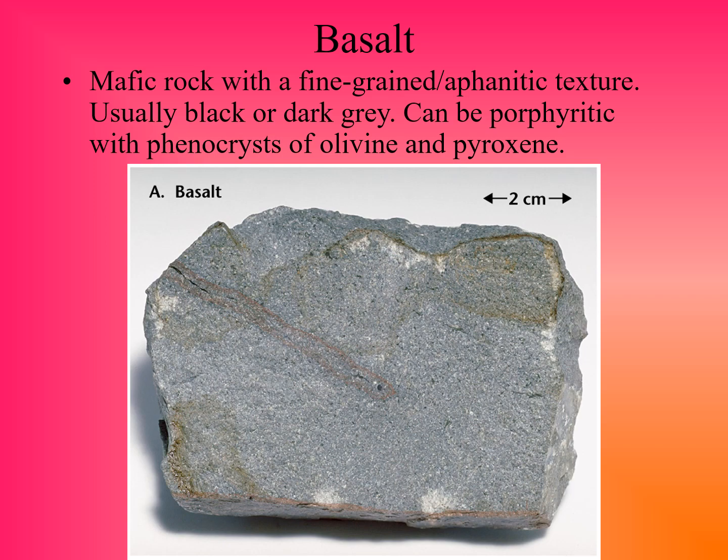And then the fine-grained or aphanitic version of a mafic rock, of a gabbro, is a basalt. So dark in color, usually black or dark gray. It can have some phenocrysts of olivine and pyroxene that started to form before it erupted. But a majority of this stuff was still liquid when it erupted on the surface, so it formed very quickly.